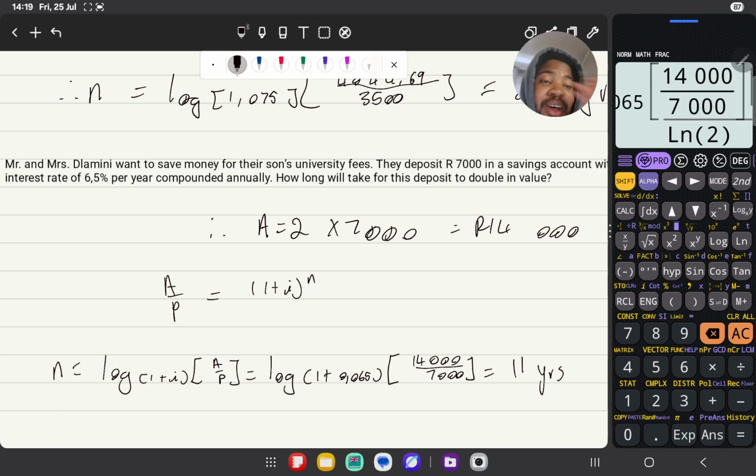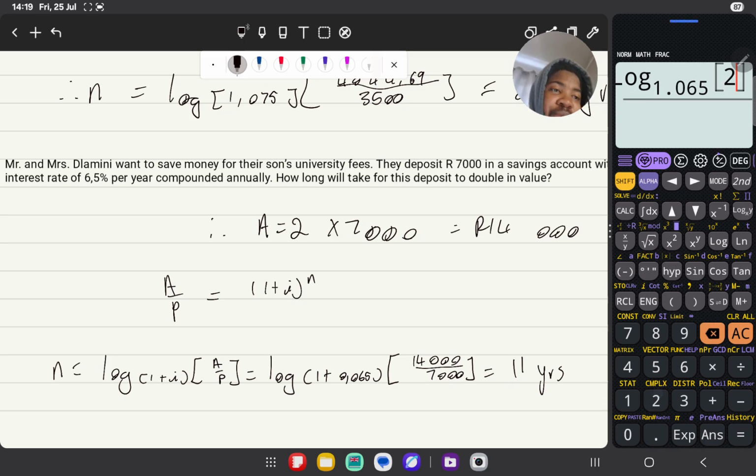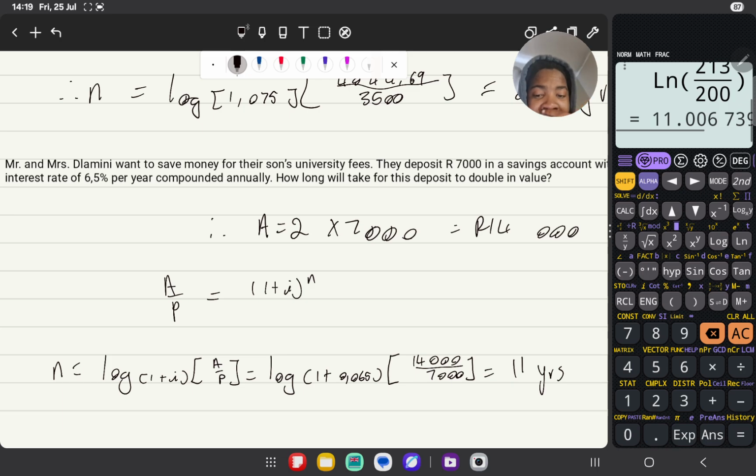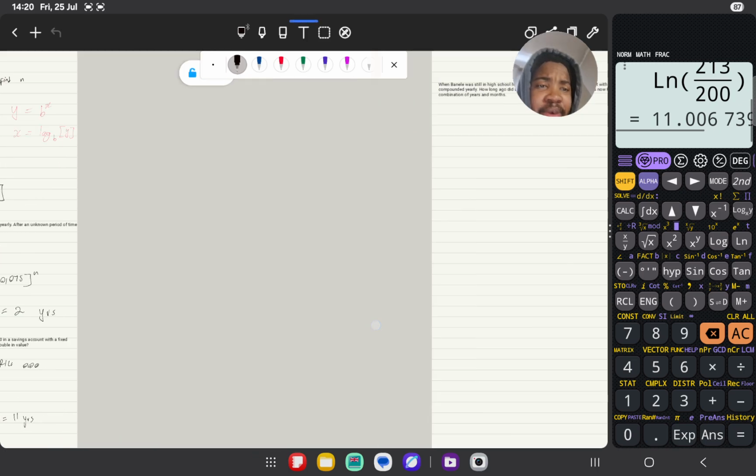I don't know what went wrong with me, but it is 2, because 14 divided by 7 is 2, so that was just my error. It was just my error on the calculator, but everything on the screen is fine. Let's see if we have other problems.